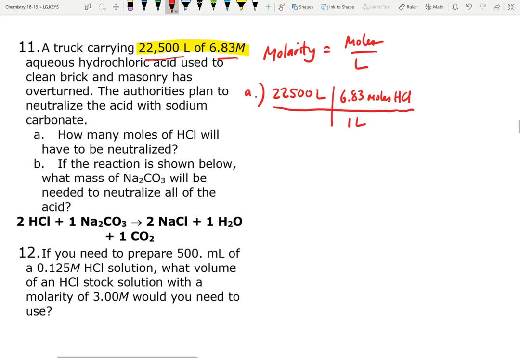So if you haven't already done so, take your calculator and punch that in. I'm going to have to get my calculator up and do it myself because I, for some reason, do not have this answer handy. So I'm just going to take my calculator. 22,500 times 6.83 gives me, holy smokes, that's a bunch.